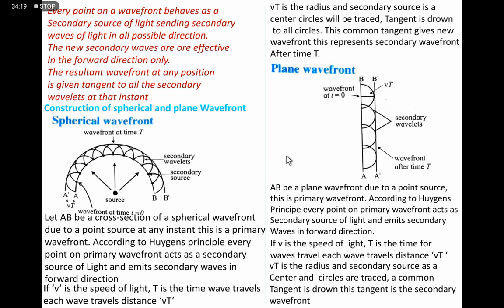Now the next important topic of this chapter is the reflection of light from a plane surface.